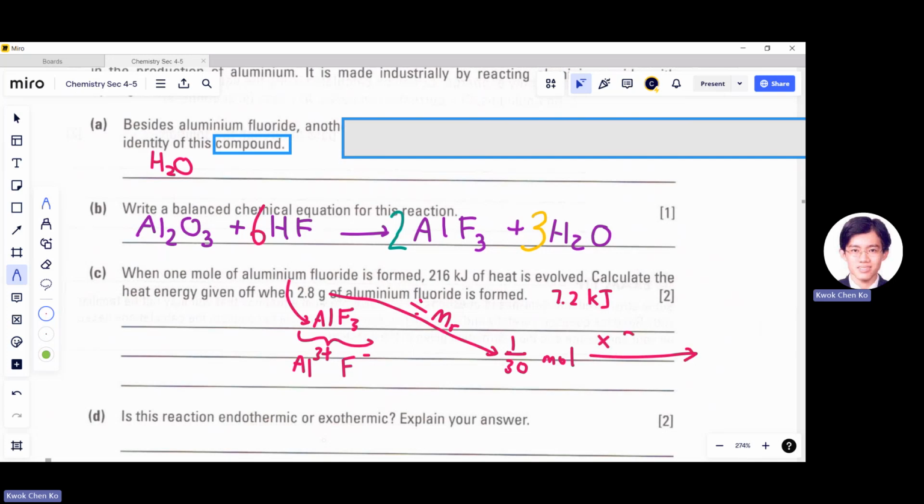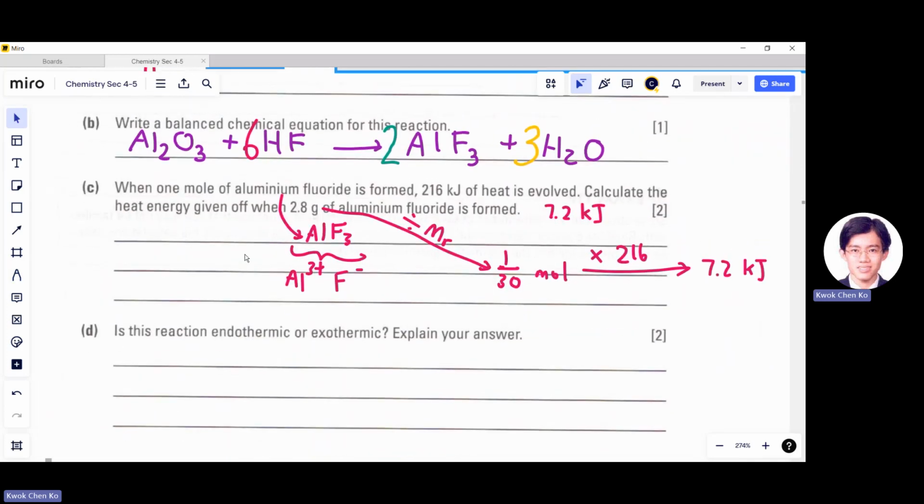You multiply by the heat release and you get your answer 7.2. Hopefully after 1 hour you realize something is wrong. Didn't I say this kind of question can come up once in a while?